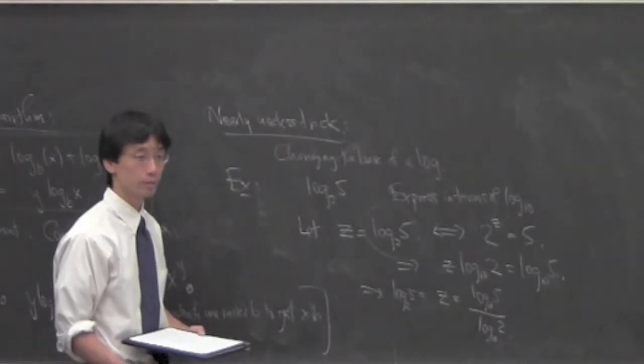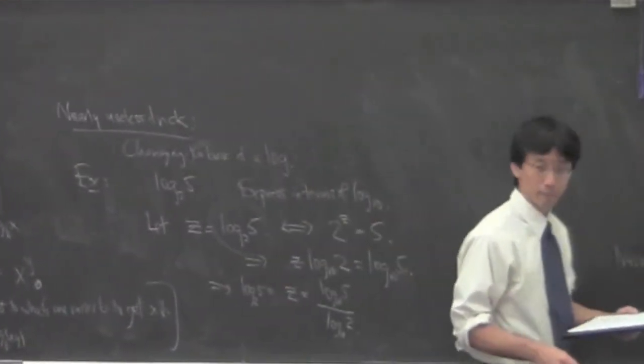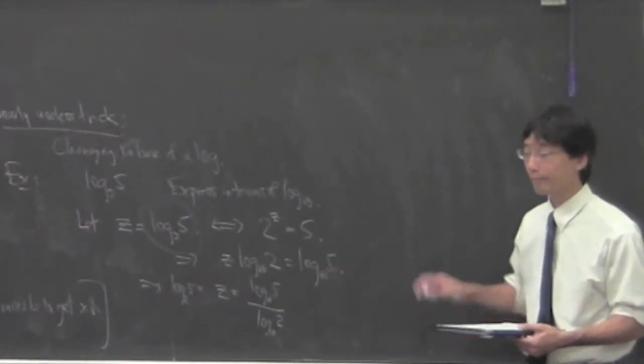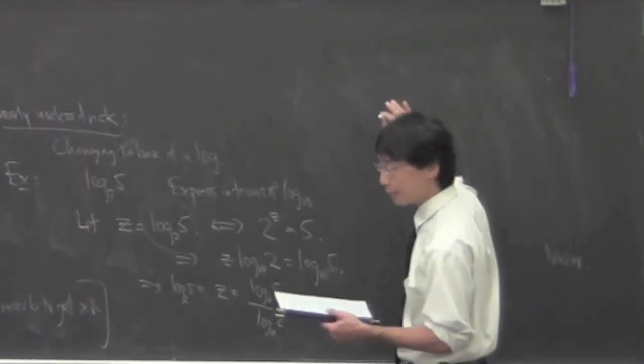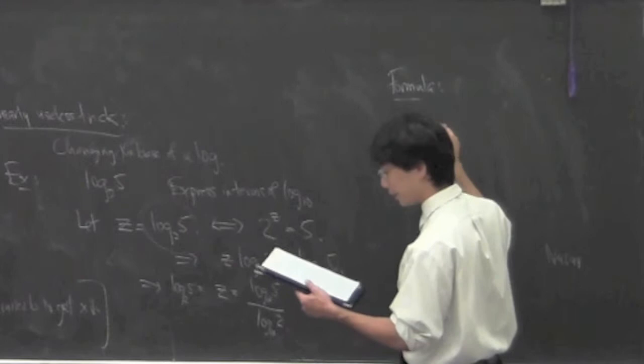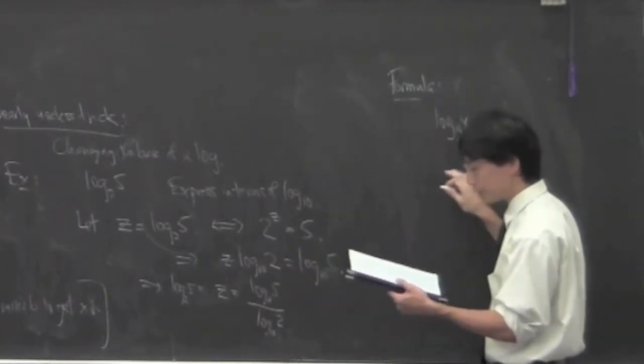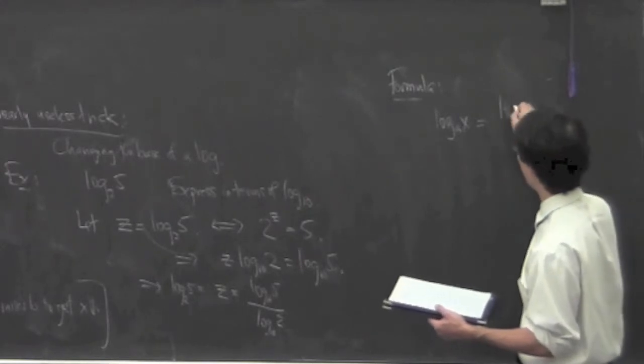Is that a universal law, that if you want to put it in base 10 for logs, it'll always be 10? Yeah, so in general, it is a formula. Exactly. Like log base a of x, you want to switch it to another base.